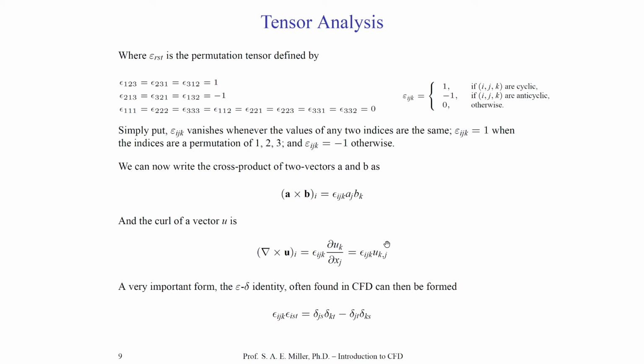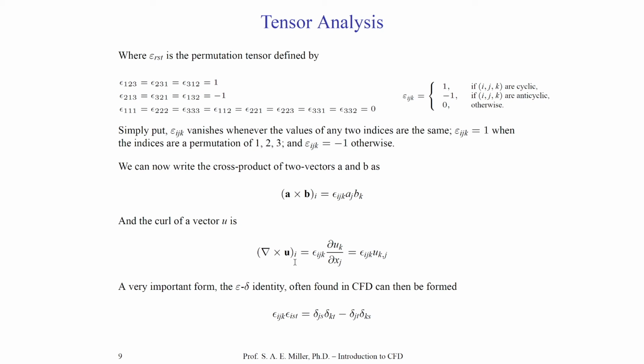Remember here, comma j means the partial derivative with respect to x j of u sub k. K itself is a dummy variable, and so is j, because they are both repeated in the same term. So when we evaluate this term on the right-hand side of the curl equation, we're actually retaining the subscript i from the curl.